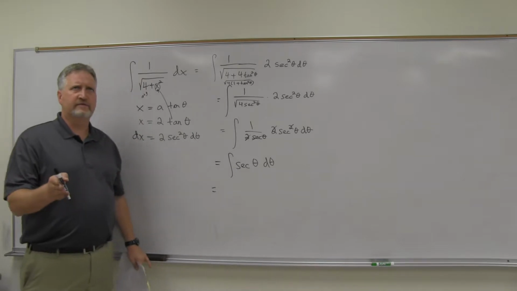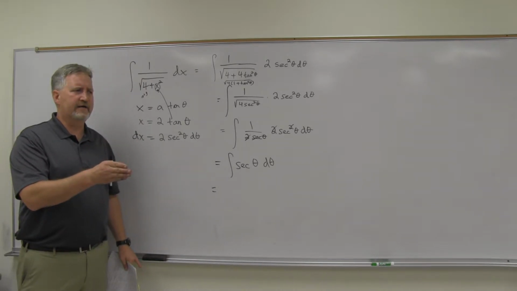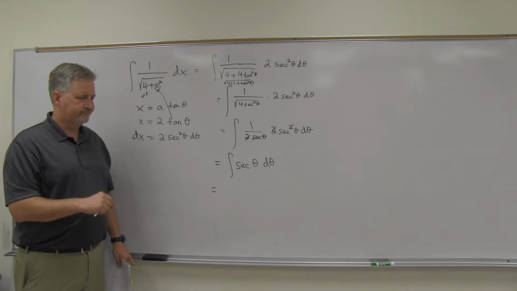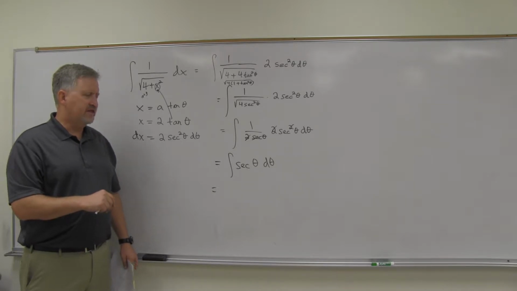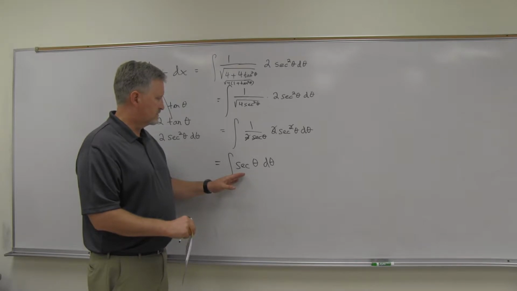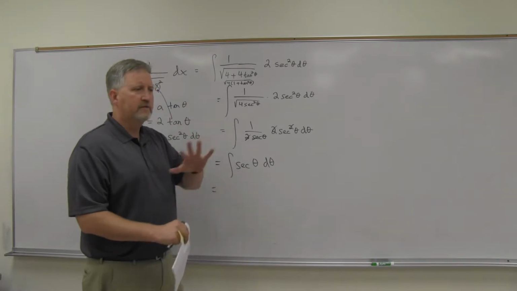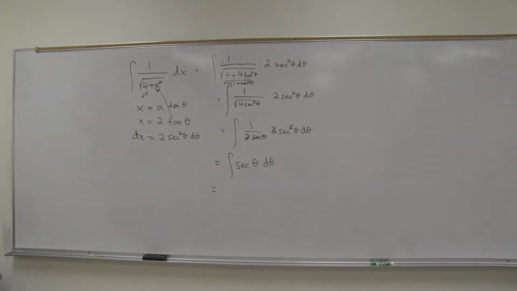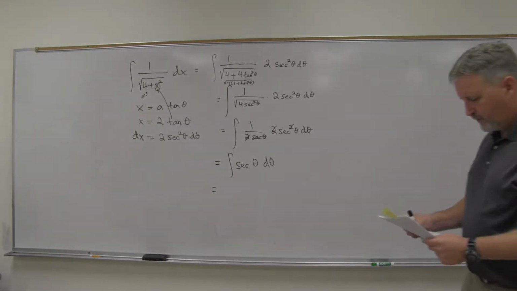To do it, it's an ln. I think you might have to change it to cosine. But anyway, the good news is it's on there. So we'll just use that.